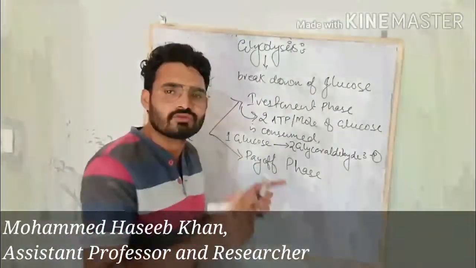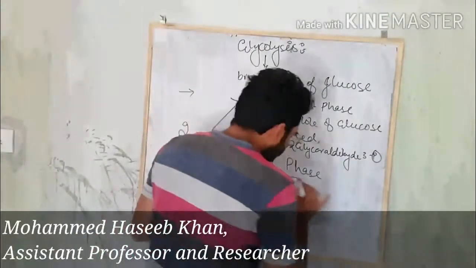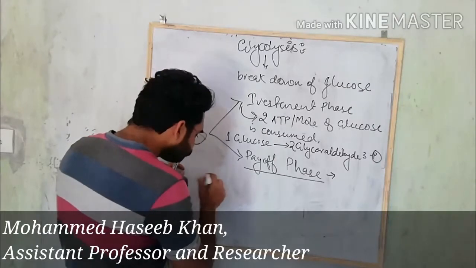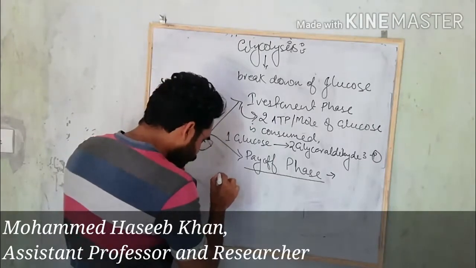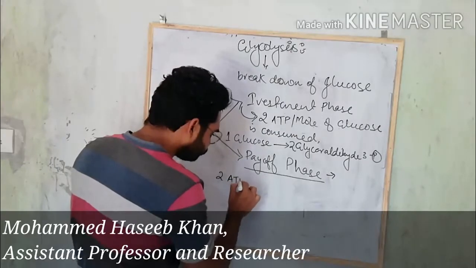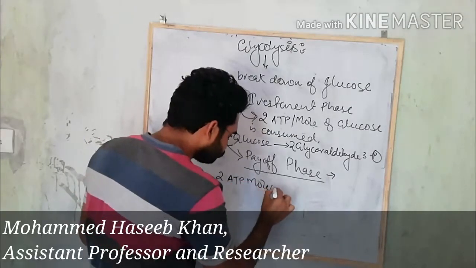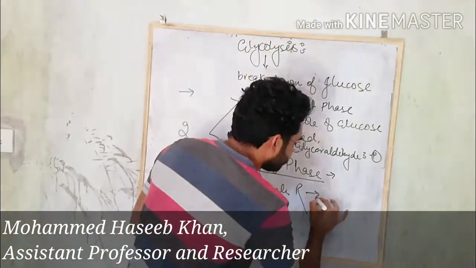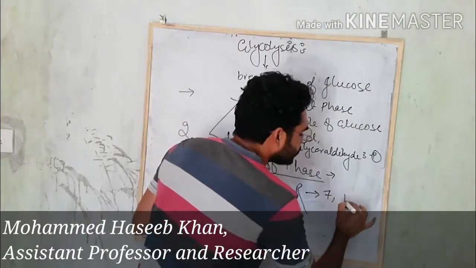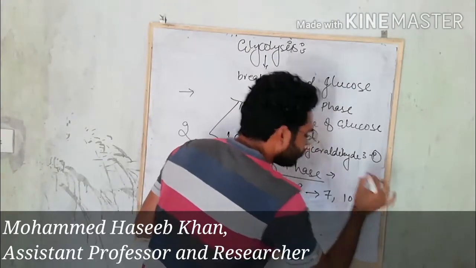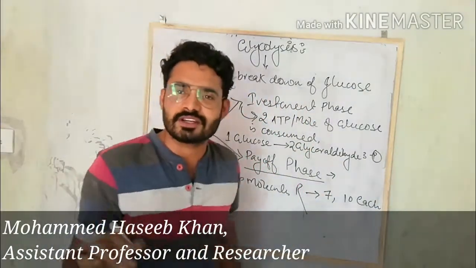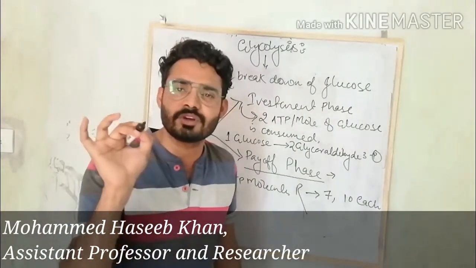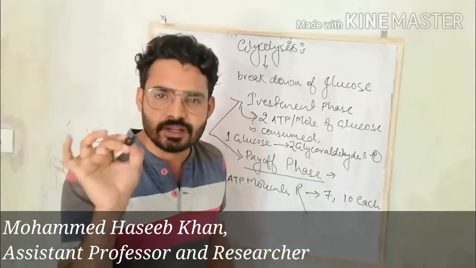What happens in the next 5 reactions, in the payoff phase, is that 2 ATP molecules are generated in each of step number 7 and step number 10, right? Step number 10 is the last step of glycolysis.